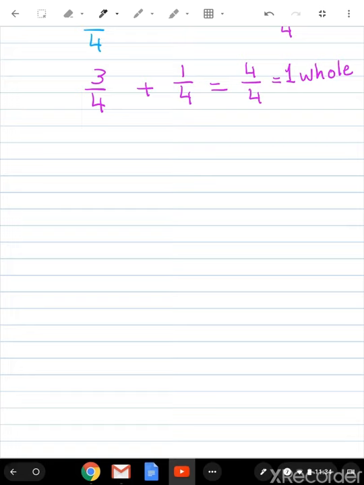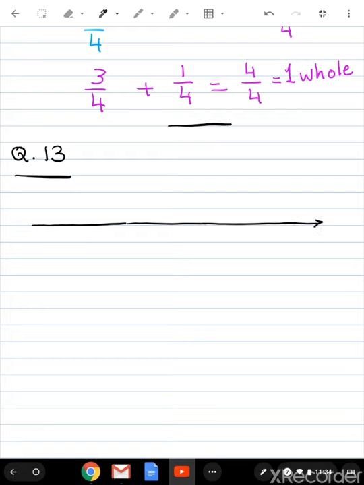What if I have here, this is question number 13. I have again the line of numbers. And now the distance we have, we will cut it to 5 equal parts.